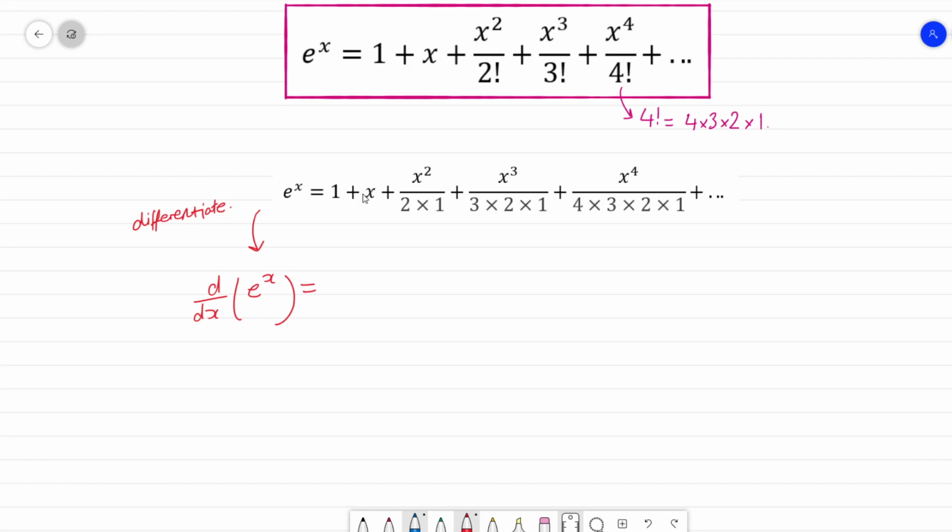Now, differentiating constants always results in terms disappearing, going to 0. So differentiating this first term, differentiating the 1, will just result in a 0. Differentiating x will give us 1. Now this term, there's a little bit more going on. I won't simplify the full fraction yet, but if I do take the power down, I'm going to get 2x over 2 times 1.